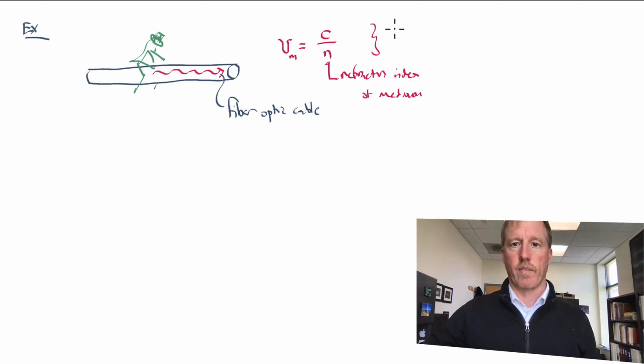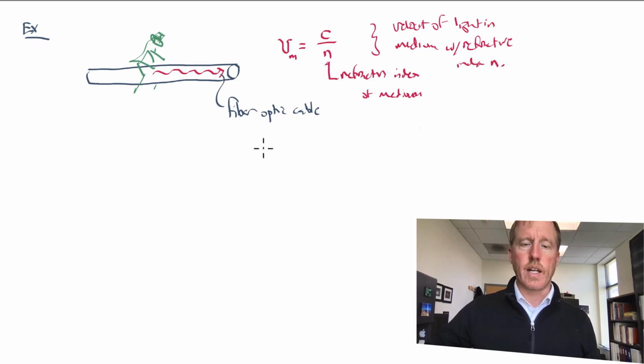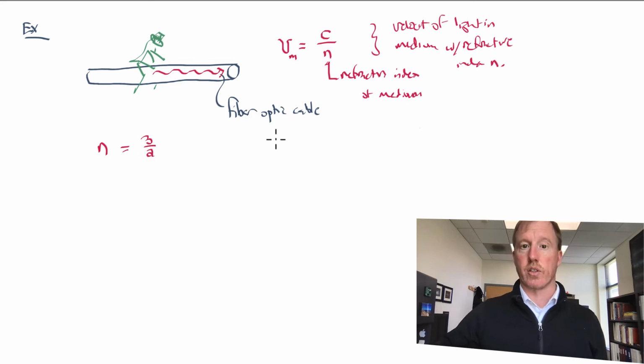So this is the velocity of light in a medium with refractive index, or index of refraction, n. In a fiber optic cable, the refractive index is about 1.5 or 3/2. It's a dimensionless quantity.